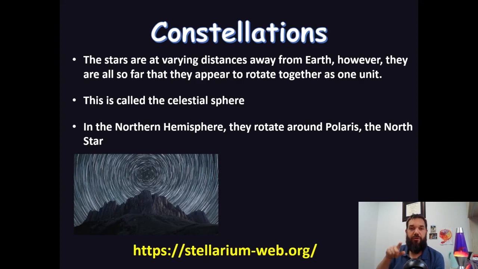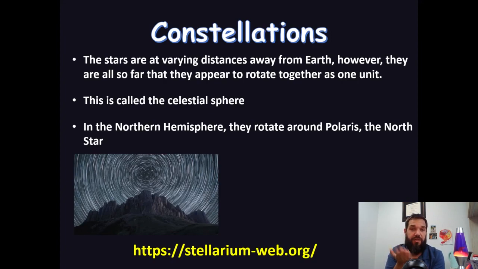Another thing that you should know about Polaris, it's really important. If you are in Corpus Christi, our latitude is 27 degrees north. That means if you look 27 degrees above the horizon, so 90 degrees would be straight up, 45 degrees would be in the middle, 0 degrees would be the horizon, you will see Polaris.